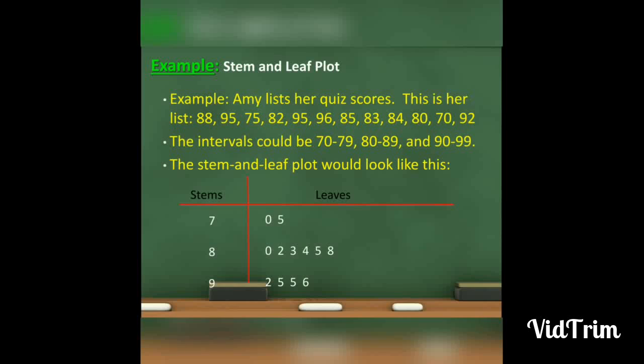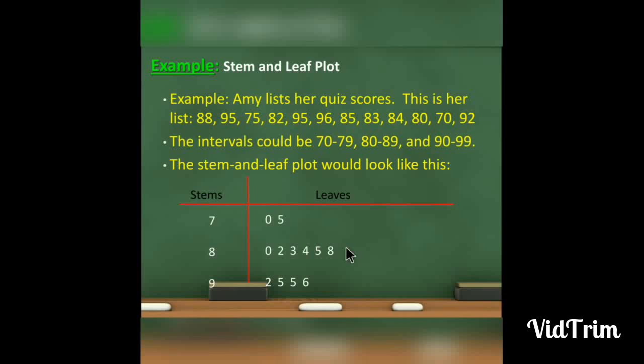And the stem and leaf plot would look like this. So what the stem and leaf plot does is give us the first digit in each number. Essentially you could call this the tens place. Okay, and then it gives us the ones place.